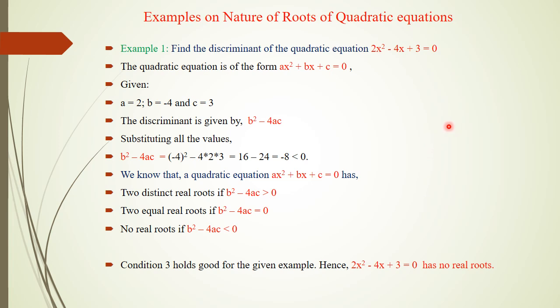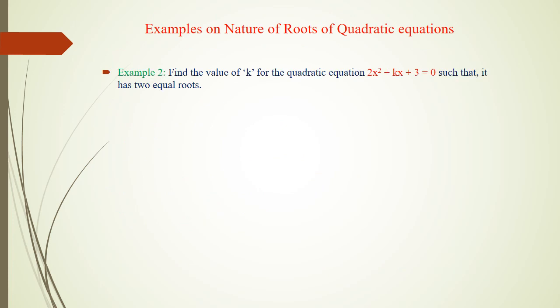Now we'll take one more example to understand different types of questions asked on this concept. Example 2, which says find the value of k for the quadratic equation such that it has two equal roots. You can see here the coefficient of x is not given. He has asked us to calculate the coefficient of x if this quadratic equation is supposed to have two equal roots.